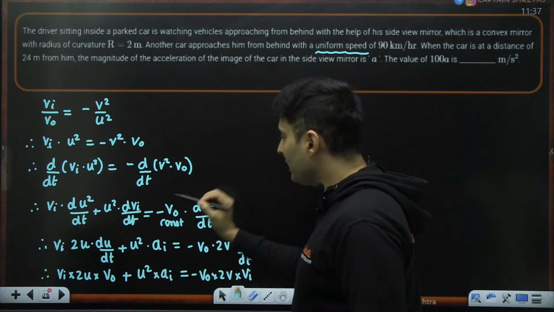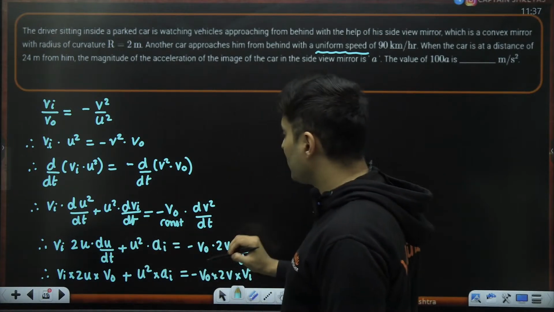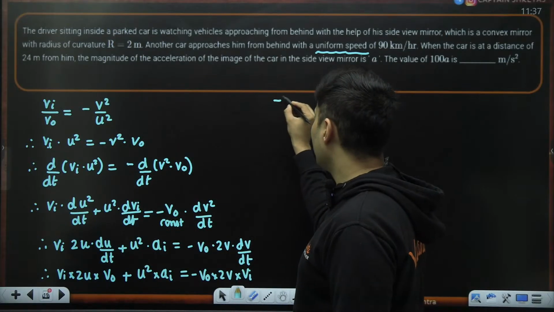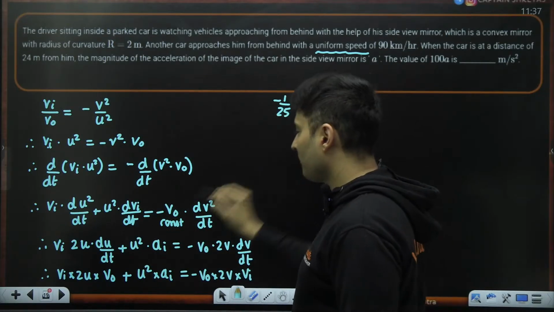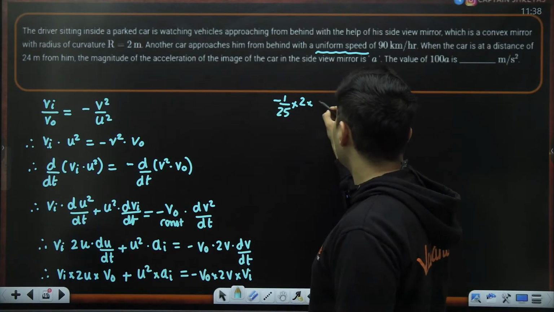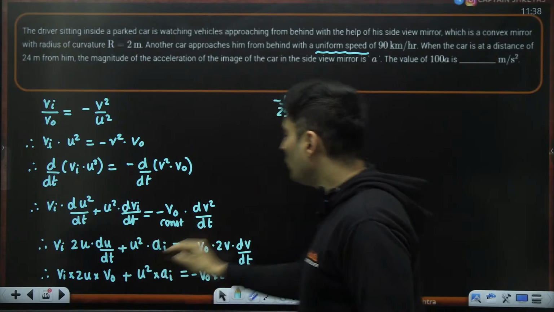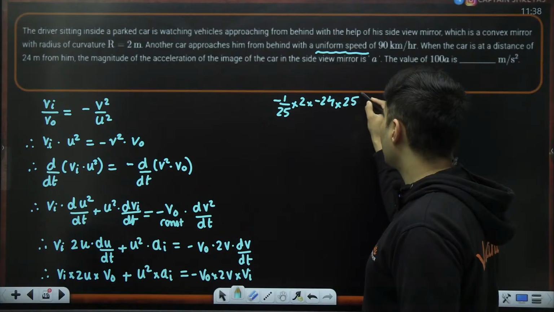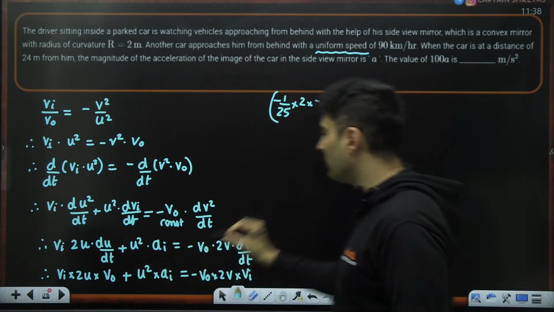What is the image velocity? We just figured it out. It is minus 1 by 25. So minus 1 by 25, 2 into u, the object distance. Object distance was minus 24, if I'm not wrong, into object velocity. Object velocity was 25 meters per second. So that is the first term.